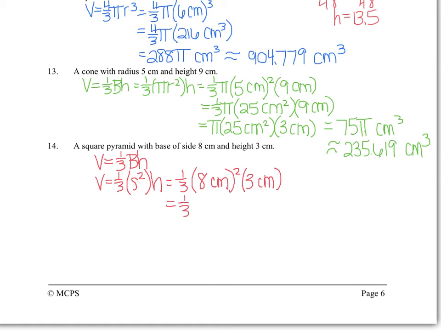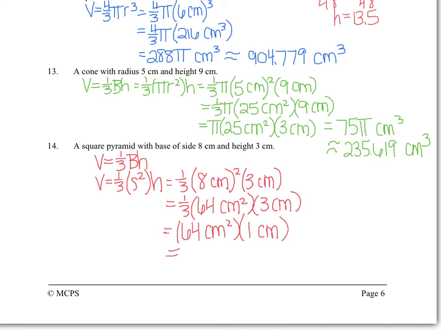So this is 1/3 times 64 centimeters squared times 3 centimeters. Well, the 3 centimeters and the 1/3 multiply together to give me 1. So I'm going to have 64 centimeters squared times 1 centimeter, which is going to give me a volume of 64 centimeters cubed.